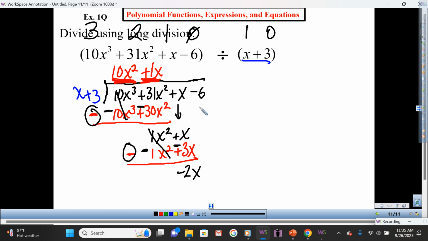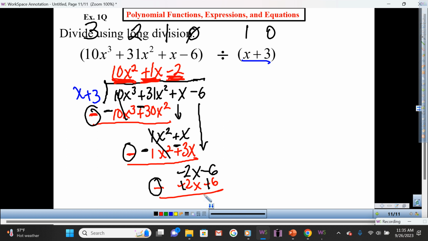What do we do at the end, everyone? Bring down the what? Negative 6. Yes. And again, what number times x gives us negative 2x? Everyone. Negative 2, so that is negative 2x. Negative 2 times 3, that's negative 6. We're going to subtract. Circle the subtraction to distribute the negative here and here.